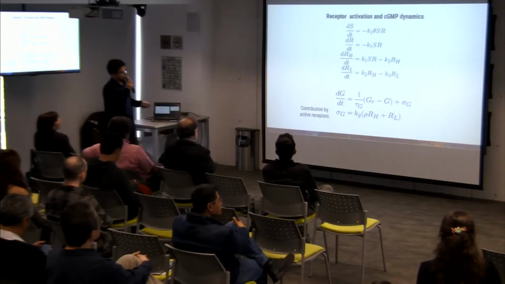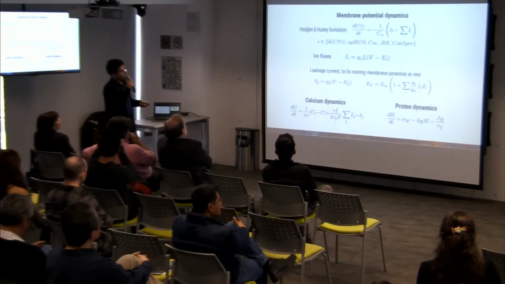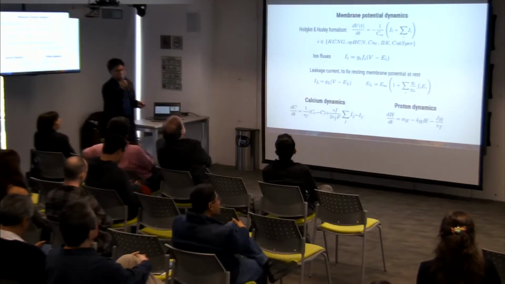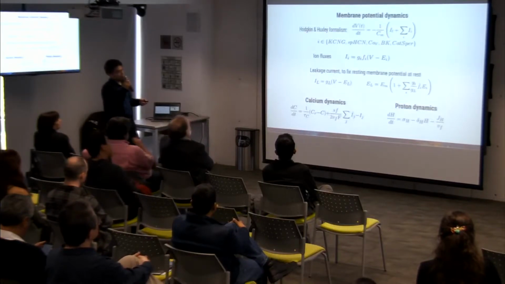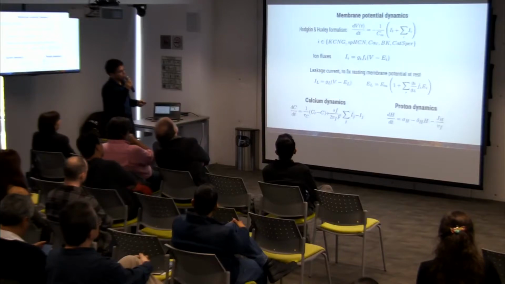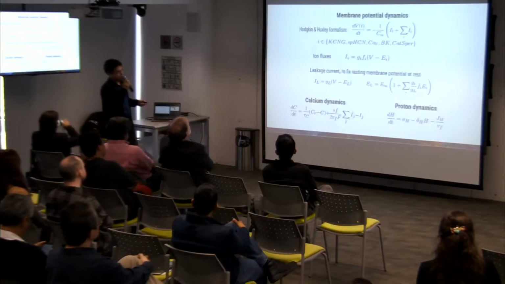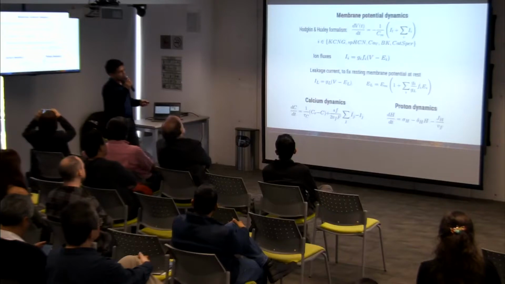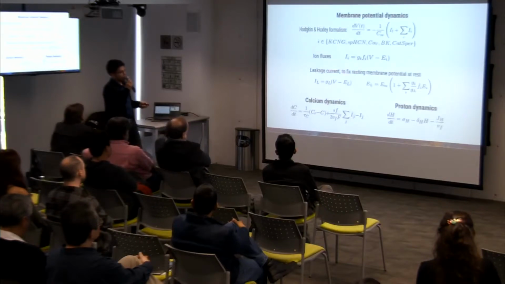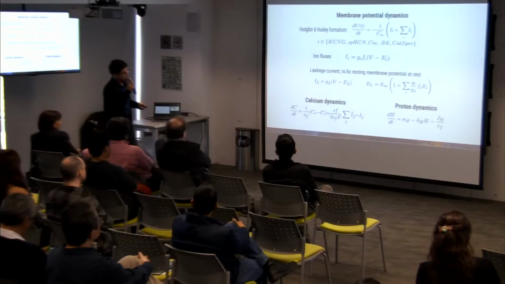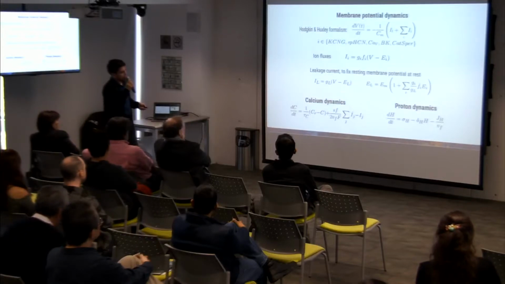This is a contribution by the active receptors. This is the membrane potential dynamics, for which we are following a Hodgkin and Huxley-like formalism, which depends on the sum of the ion currents. The ion currents are given by these Ohm equations. We have a leakage current term for fixing the resting membrane potential. This is the calcium dynamics, and this is the proton dynamics.